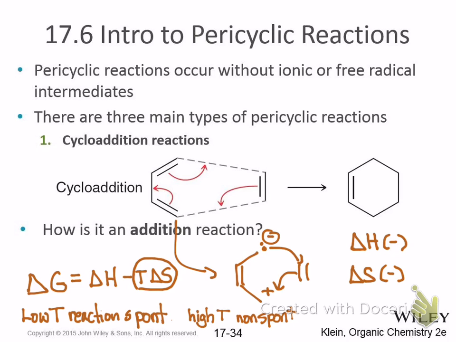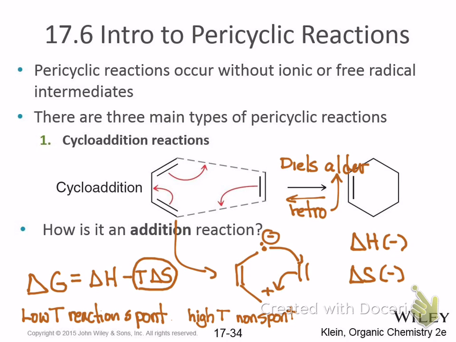So it turns out going in this direction is known as the Diels-Alder reaction, and going in this direction is the retro Diels-Alder, okay? Because it'll go in reverse at high temperature.